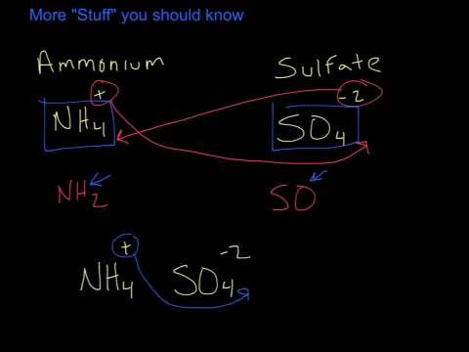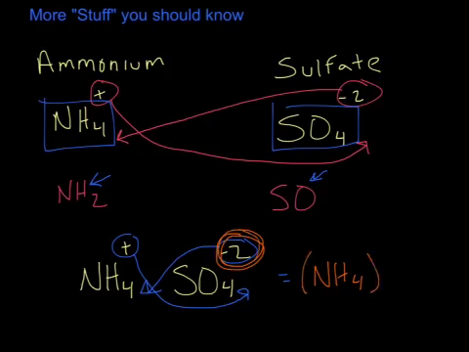Alright, draw it out. I need to draw these out. It's alright. We can see that we're going to have 2 ammoniums. We have to put parentheses and our 2 outside of that. Now, we see that we're only going to have 1 sulfate. Don't bother with the parentheses. Okay?